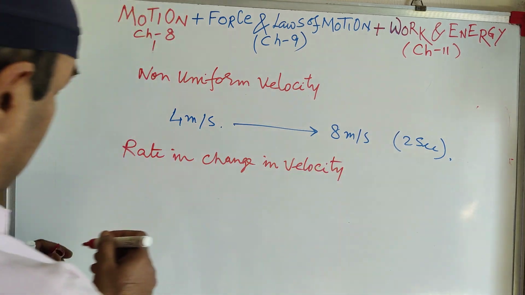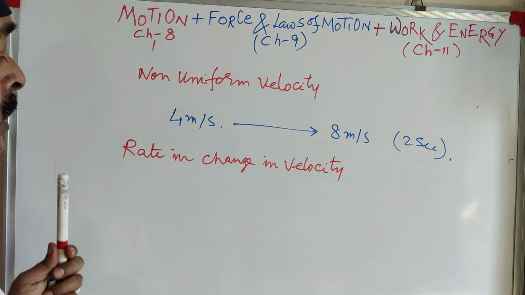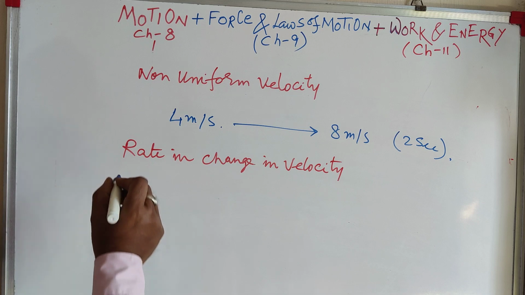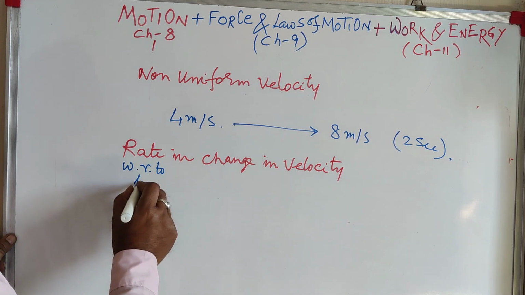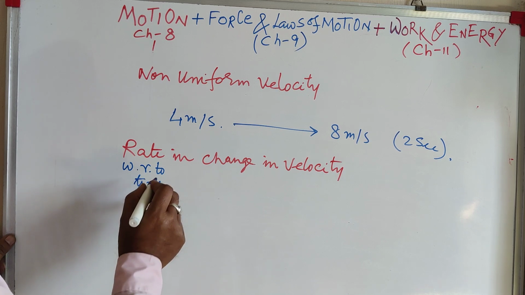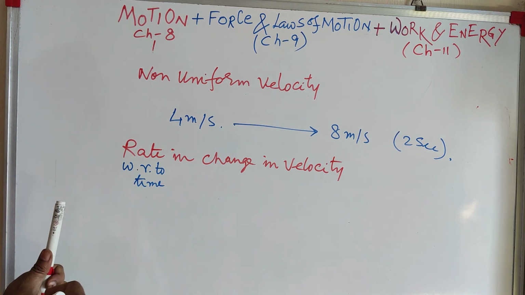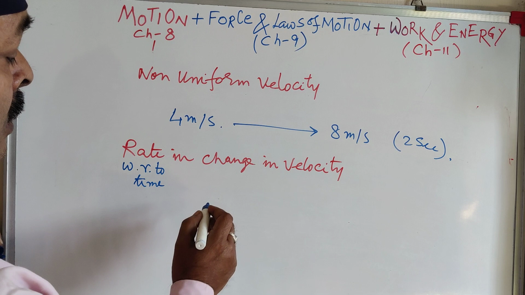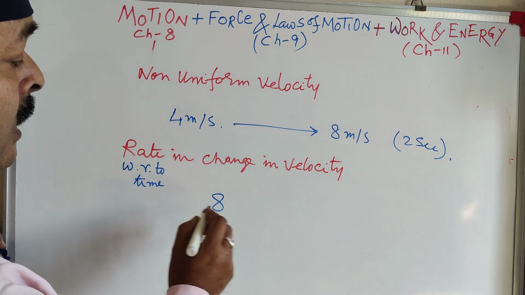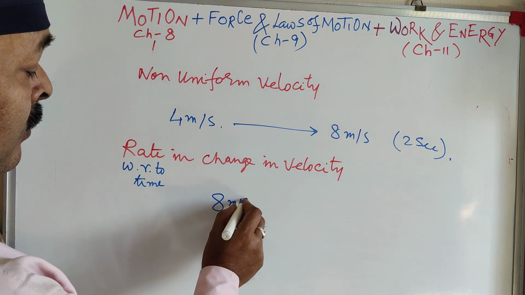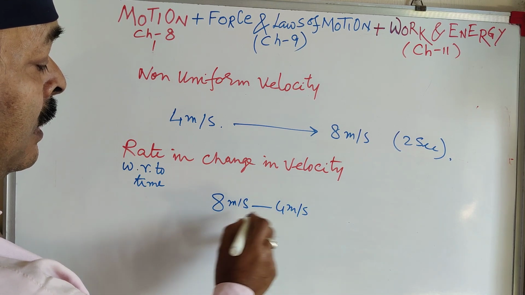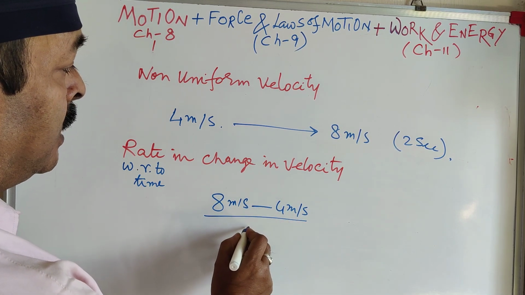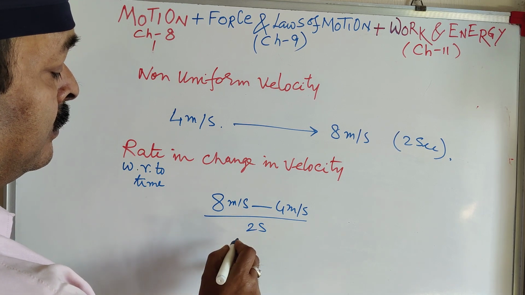I told you rate always means with respect to time. Now, the change in velocity: final velocity is 8 meter per second, initial velocity was 4 meter per second, and it has taken 2 seconds.